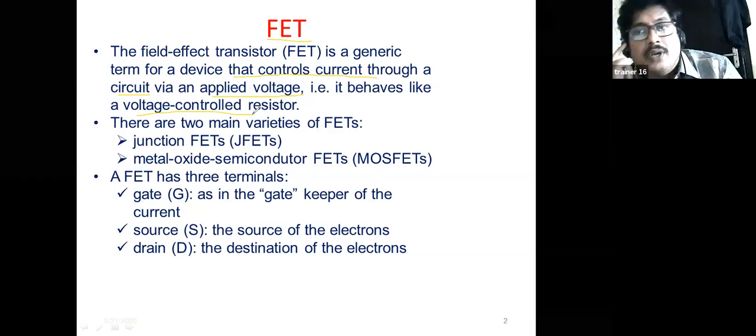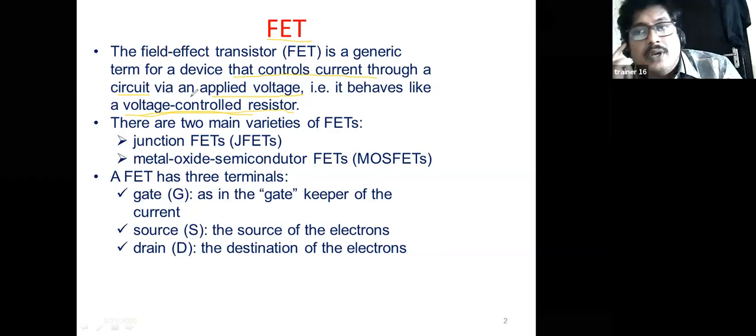So here it is mentioned, voltage controlled resistor. It controls the current through a circuit via an applied voltage. That means when you apply the voltage, automatically the current is controlled, and it behaves like a voltage controlled resistor.